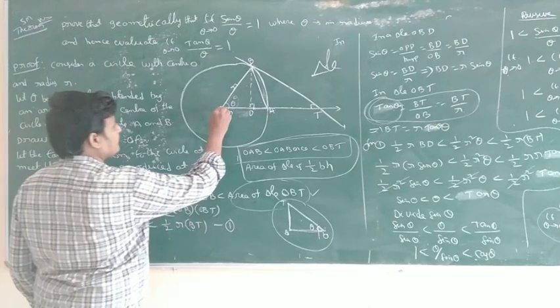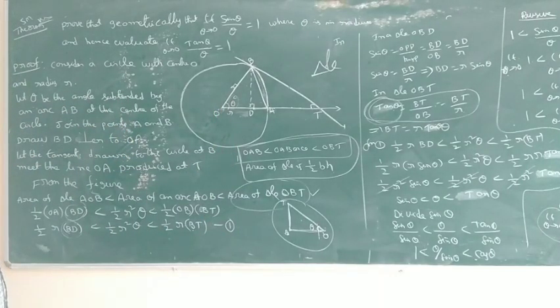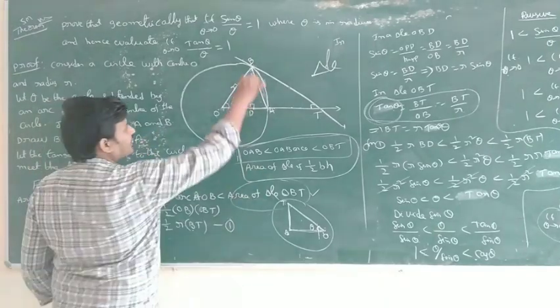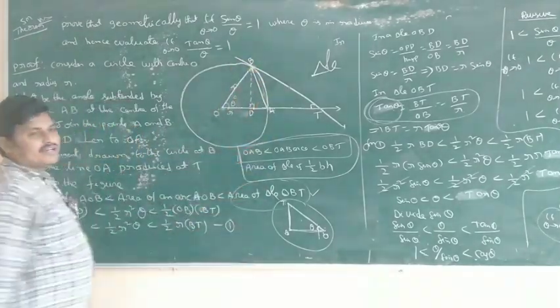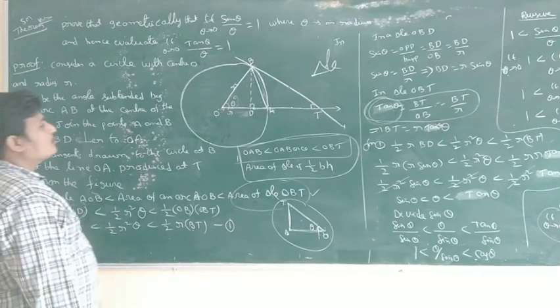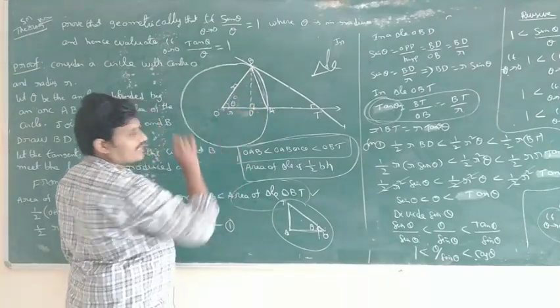Next, join the points A and B. Draw BD perpendicular to OA.